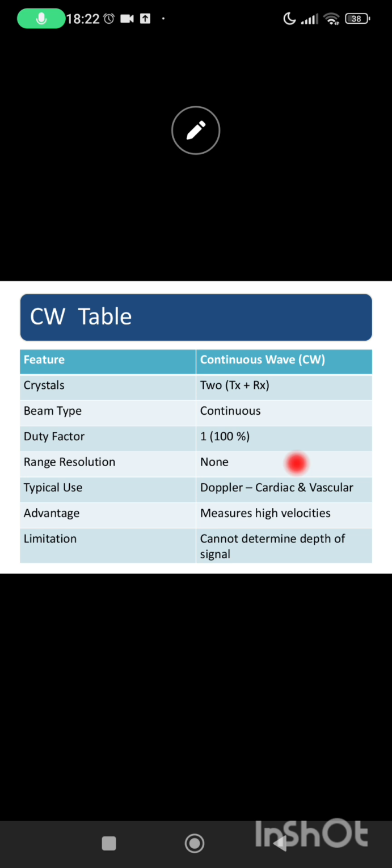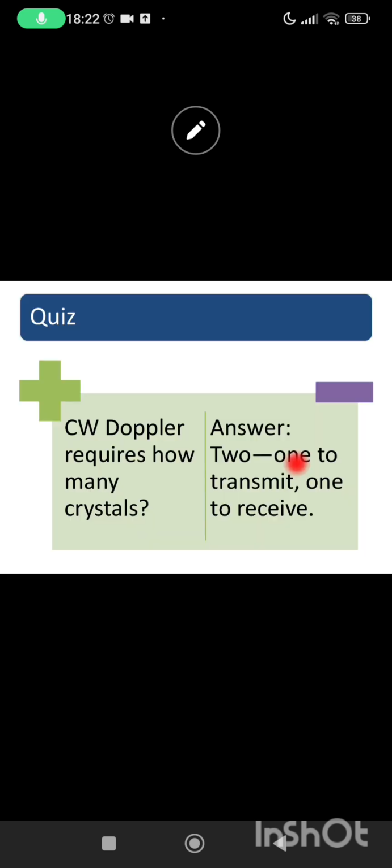Duty factor is 100% because it is always on. There is no range resolution. It is used in cardiac and vascular studies where blood velocity is very high. The advantage is measuring high velocities. The limitation is that it cannot determine the depth of the signal, and this is a very important topic.